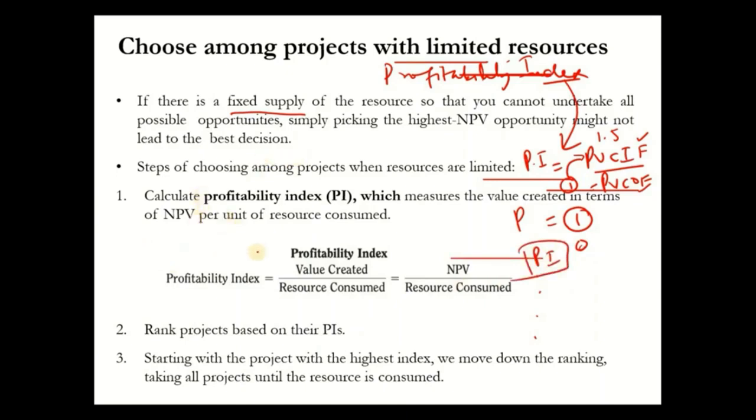What is the formula here? The profitability index is equal to value created, meaning cash inflows or benefits, divided by resources consumed, meaning your outflow or cost. In other words, value created is NPV, or we can also use the present value of cash inflow, divided by resources consumed, the present value of cash outflow, which gives you PI.